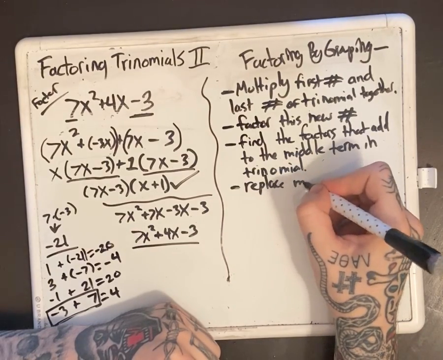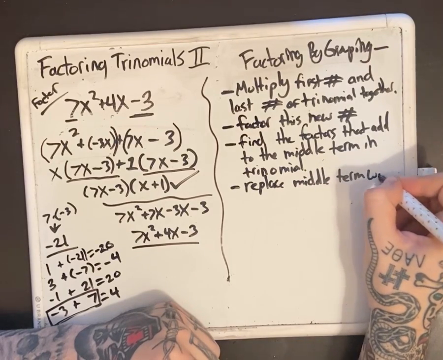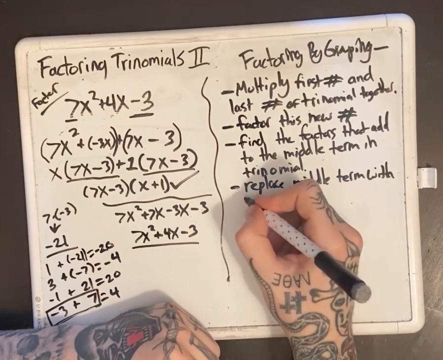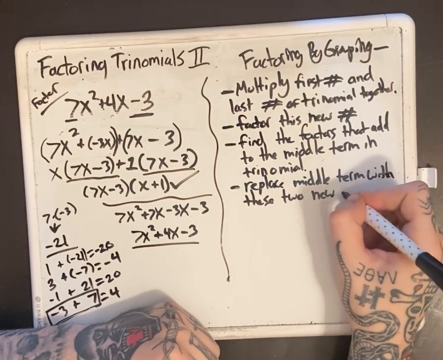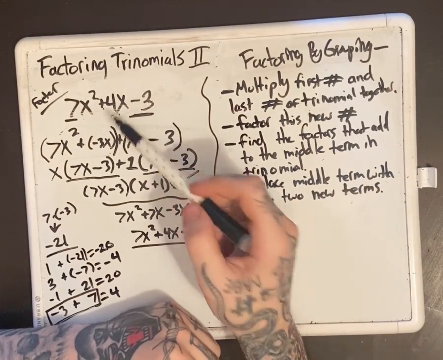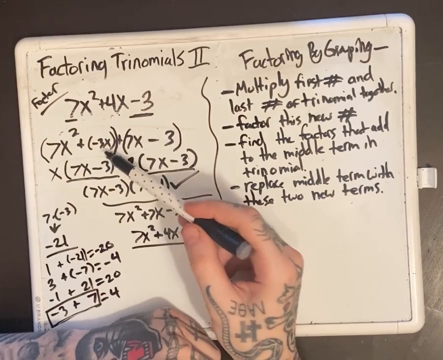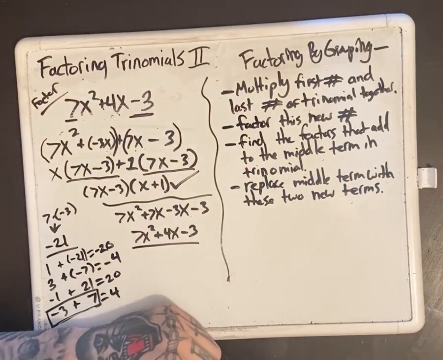Replace the middle term with these two new terms. Okay, so we replaced 4x with negative 3x and 7x because those add to 4x.